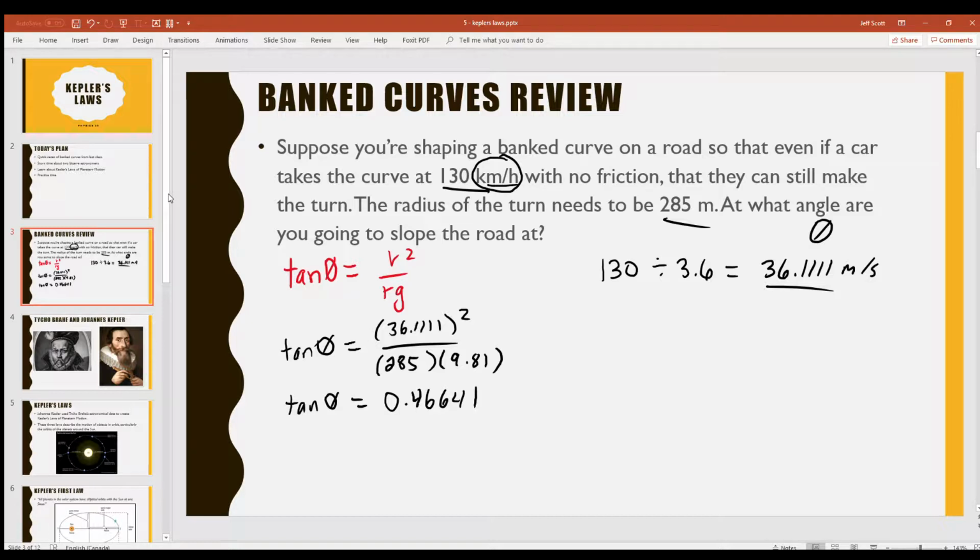And then, of course, since we're looking for theta, we just have to take the inverse tan on both sides. That'll give me my final answer, which I'm going to round to 3 sig digs, and that's going to be 25.0 degrees. So just like I mentioned last class, with these kinds of bank curve problems, you just reuse the same formula over and over again, and it just becomes an exercise of algebra.